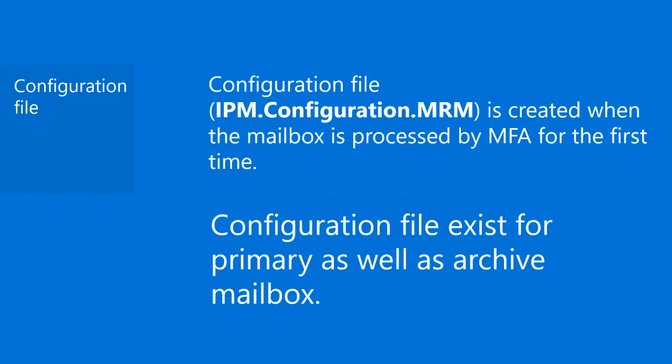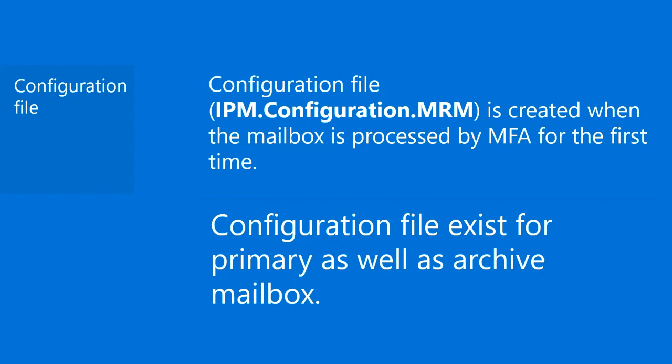So whenever a mailbox is processed by MFA, the configuration file, IPM.Configuration.MRM, is a file which will have the complete information about what policies are applied, what the different tags available in them are, and when to take action on specific items. The tag will be present for both your primary and the archive mailbox.